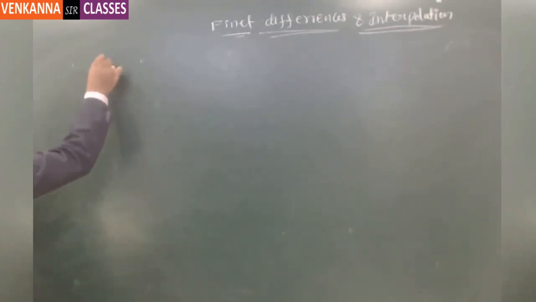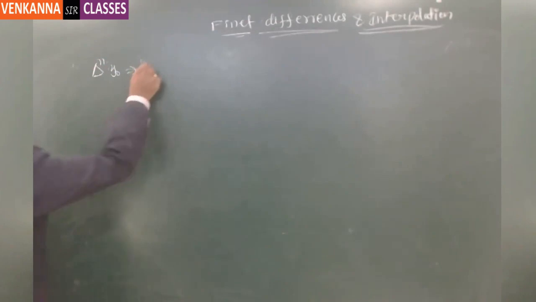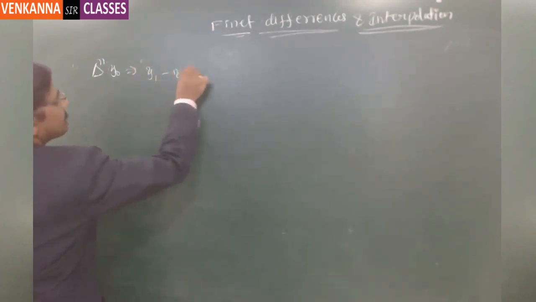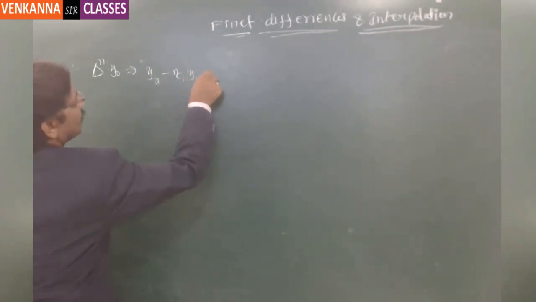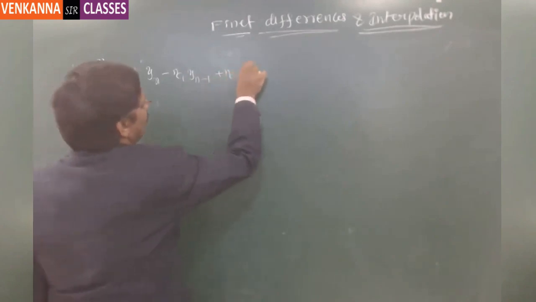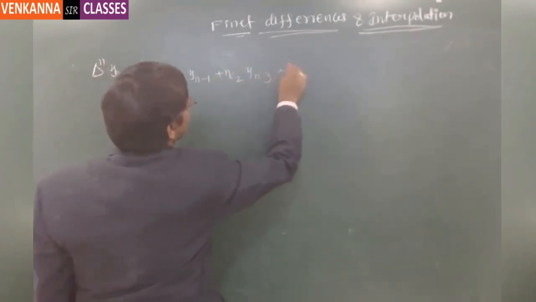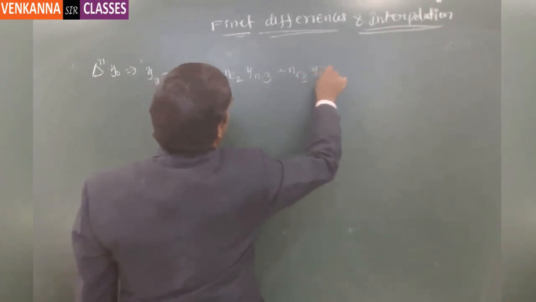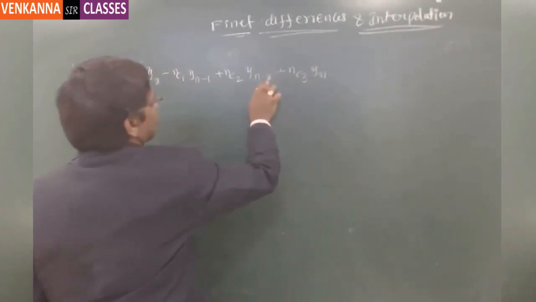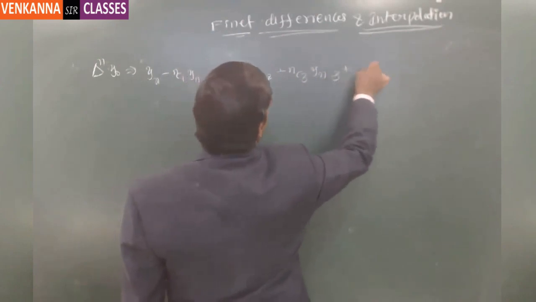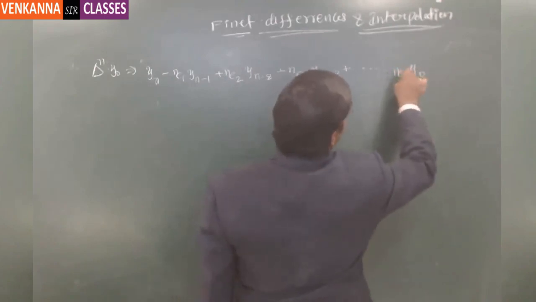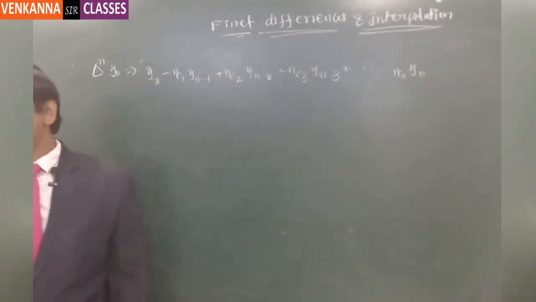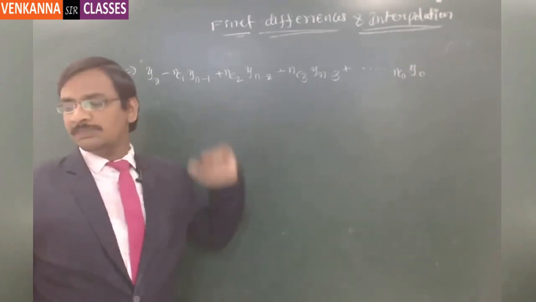So del power n y naught is going to be yn minus nC1 y n minus 1 plus nC2 y n minus 2 minus nC3 y n minus 3 plus and so on up to nCn y naught. So this is how you can express any forward difference in this particular format.